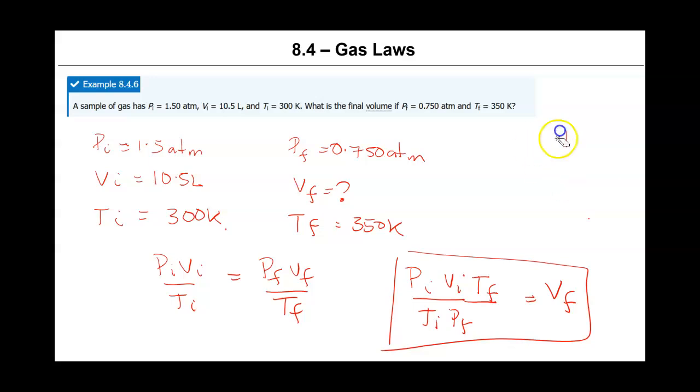Now we're just going to very carefully put our numbers in, trying not to make a mistake. The important thing here is to make sure you put both the top and the bottom line in parentheses.